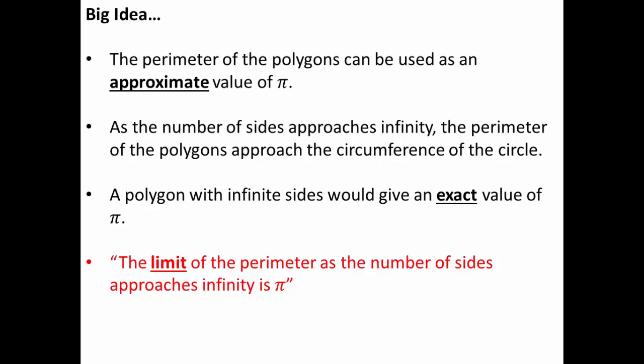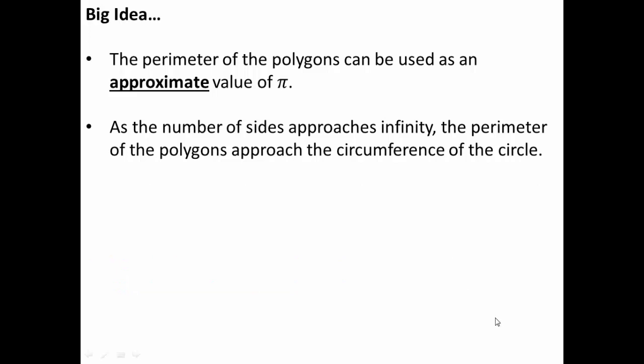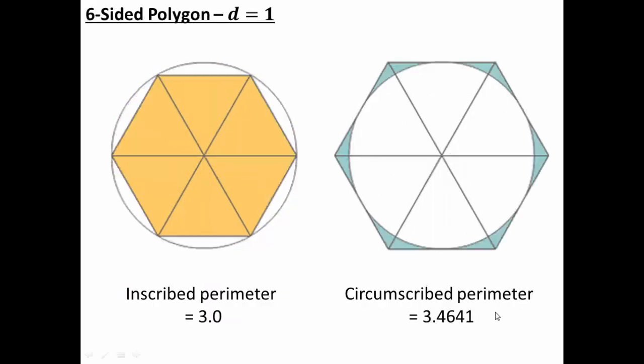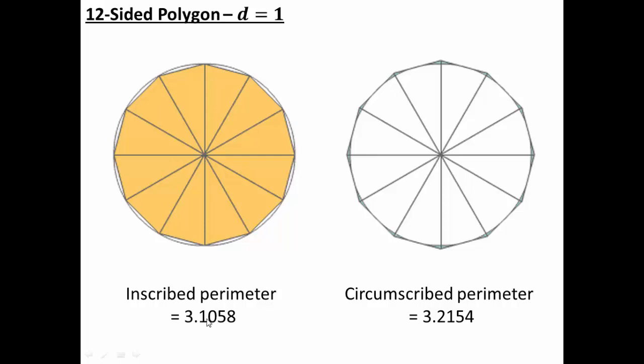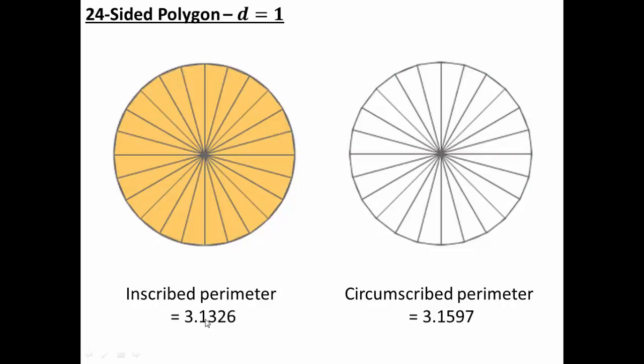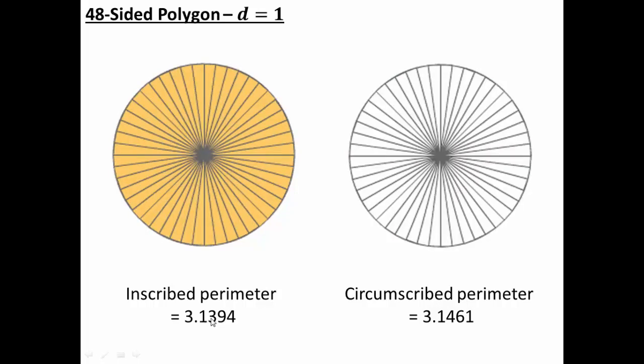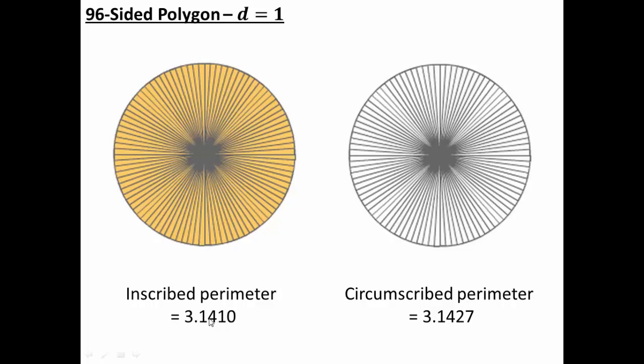In other words, when I started with 6 sides, the inscribed perimeter was 3. Then it goes to 3.1, then 3.13, then 3.1394, then 3.14. As I increase the number of sides, I know that pi is 3.14159, so this number is just going to get closer and closer to the exact value.